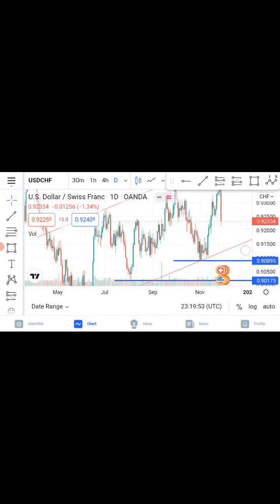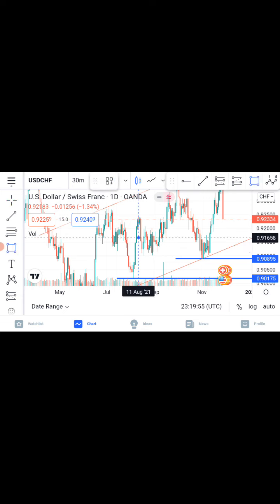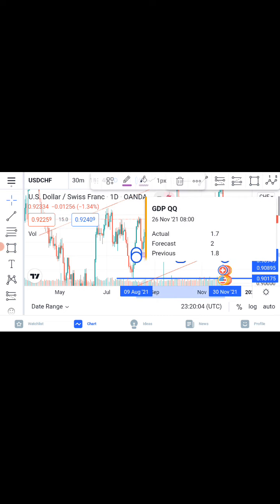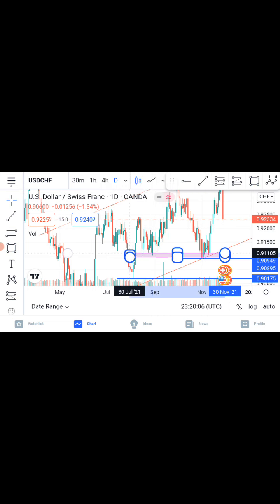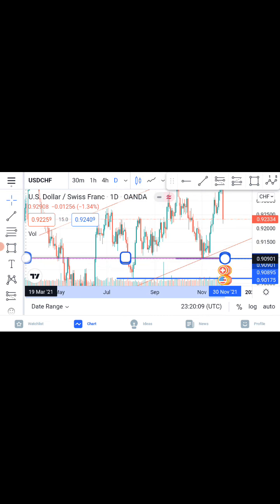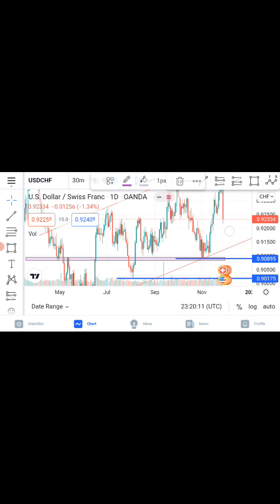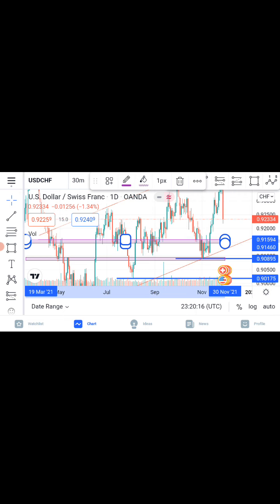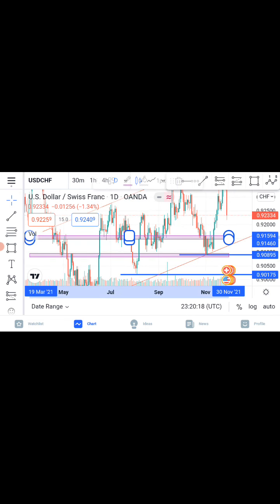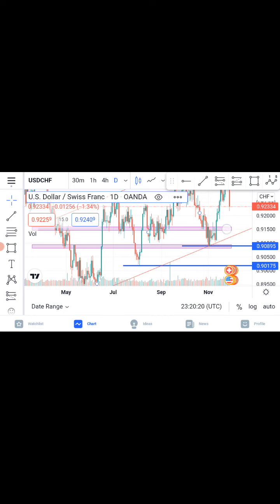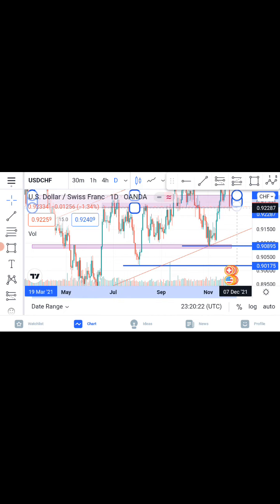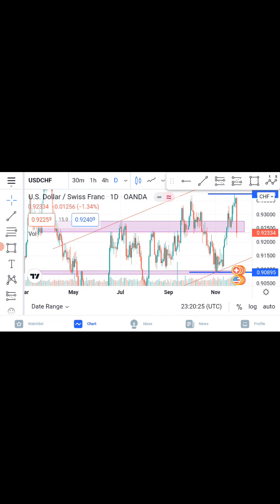So I have to mark these key levels over here using a rectangular shape, you see guys. So there's CADJPY, there's USDJPY, USDCHF. See how it's formed over here. Then I clone this and put it all the way to this top right here.